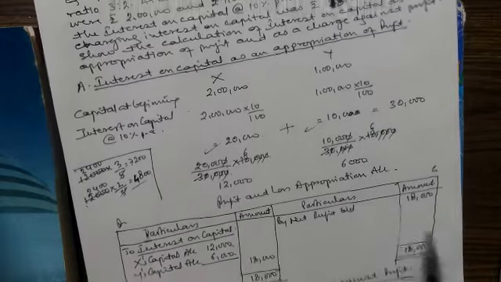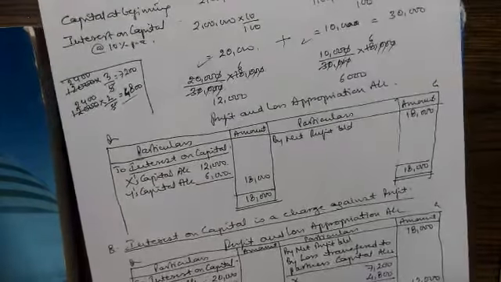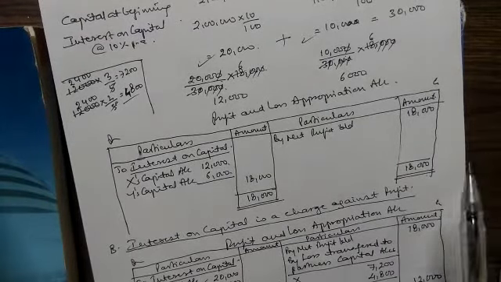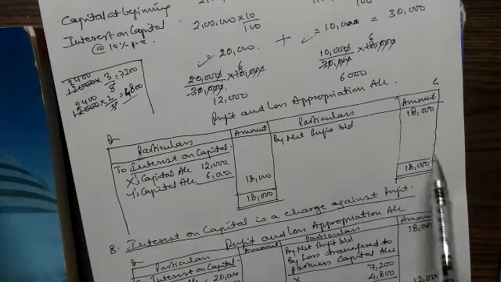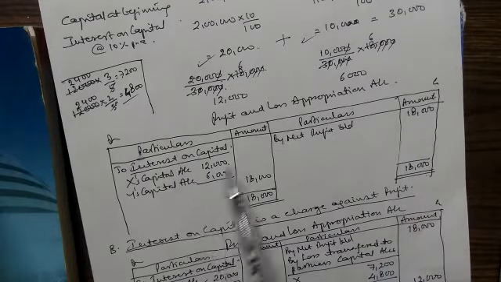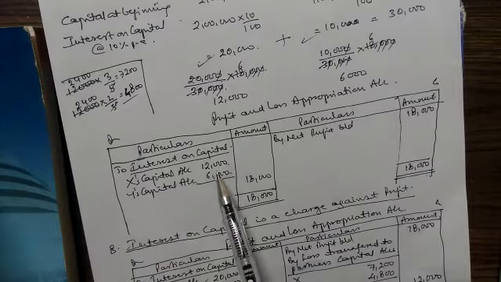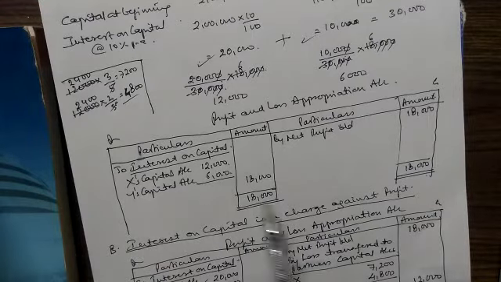Then we will prepare the profit and loss appropriation account. In the profit and loss appropriation account, the net profit brought down is 18,000 as it is given, and to interest on capital, X capital account 12,000, Y's capital account 6,000. Total comes to 18,000.